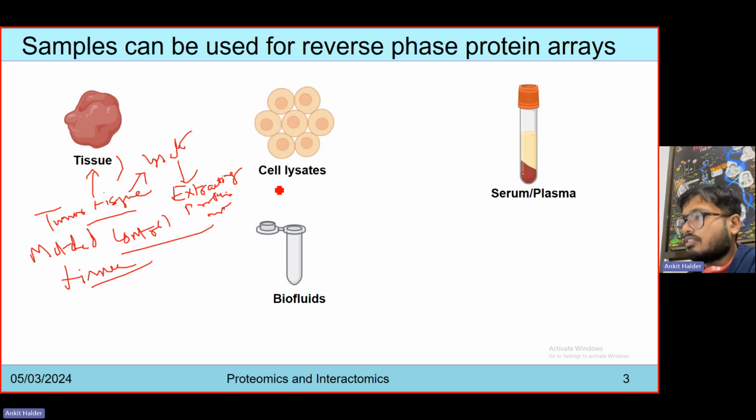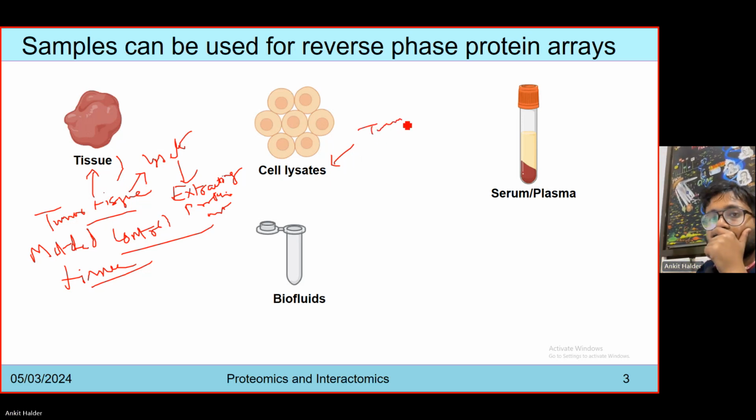Similarly, cells can be any cell lines which you are maintaining, can be a tumor cell line. It can be a primary cell line.